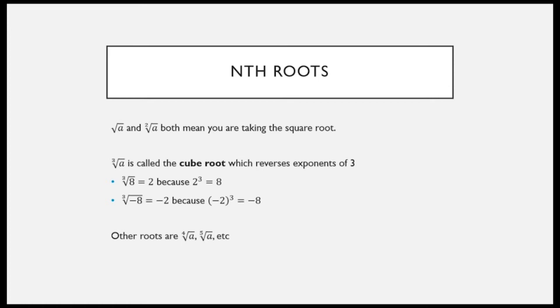And the cubed root of -8 will give you -2 because -2 to the third power gives you -8. So with the cubed root, you're undoing exponents of 3. You're basically saying, if we wrote this answer as 2 to the third, it cancels out that exponent. You're left with what's underneath the exponent. And we have other roots like 4, 5, we can keep going.